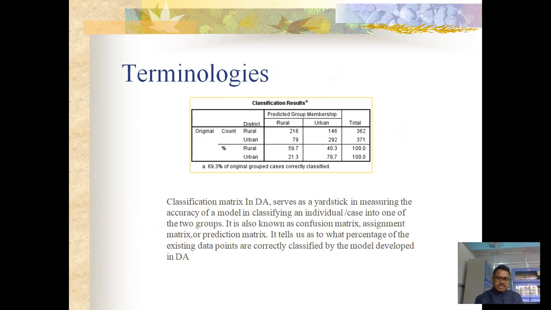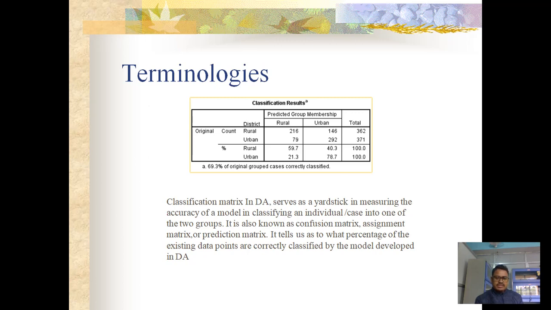Also, classification of results. In this case, we see how many of the cases are being classified correctly. It shows 69%, which is a relatively high percentage. So 69% of the cases are correctly classified into the two groups, that is rural and urban.